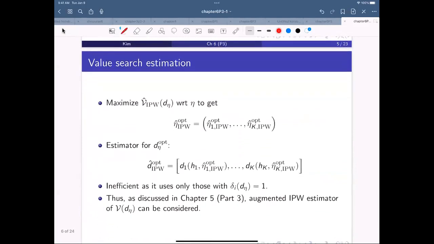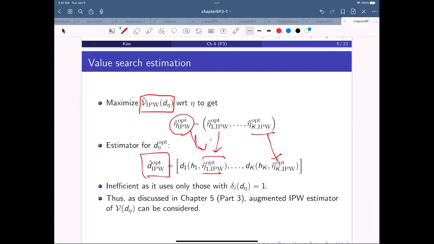Okay. And then conceptually, once you have this estimator, you can write it as a function of the parameter eta, and then you maximize over eta to obtain eta hat opt, and then plug this in here to obtain the optimal policy.